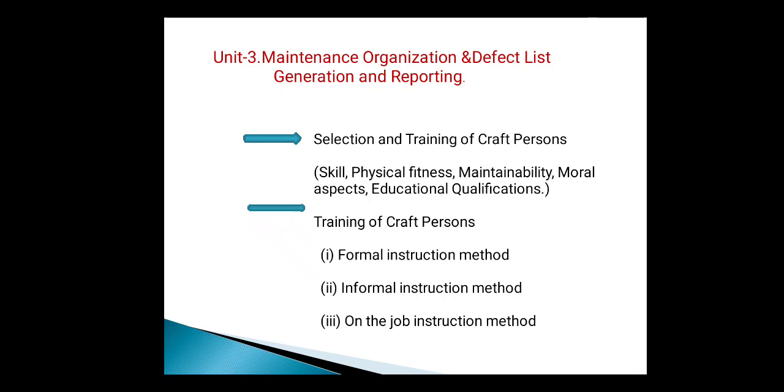Many formalized maintenance training programs are currently available in many ways. The most common one is apprentice training. As you know already, I told you in the classroom that after selection, apprentice training is assigned to the selected candidates.